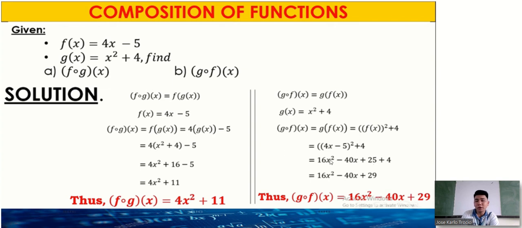You transformed it from this perfect square to this trinomial, 16x squared minus 40x plus 25. Okay, bring down 4 and then simplify. This is now your final answer, 16x squared minus 40x plus 29.